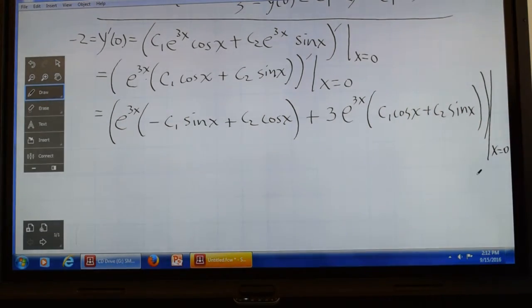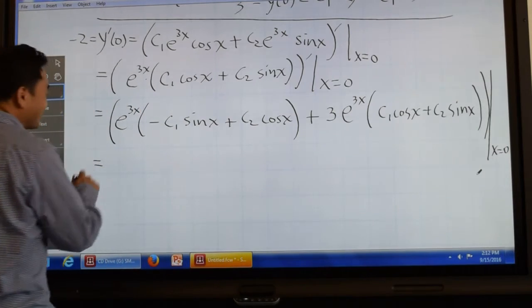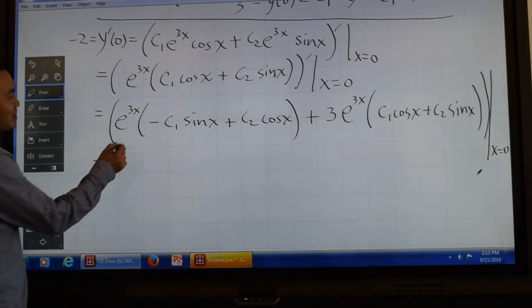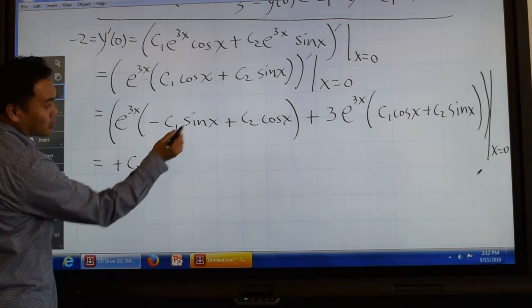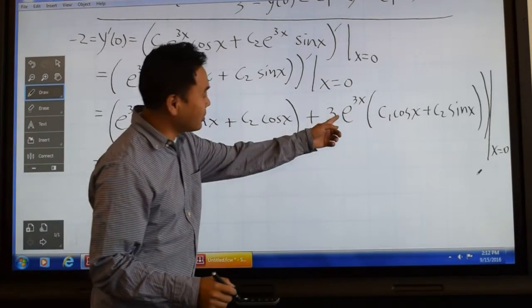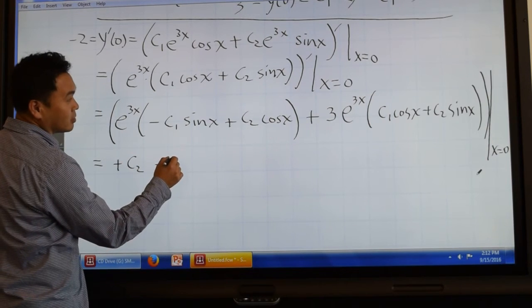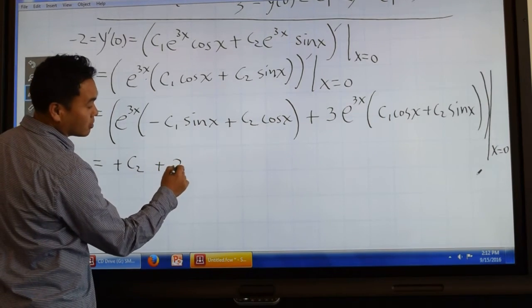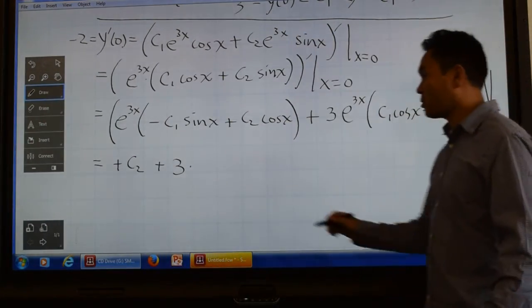Again, let's remember that sine of 0 is 0, and cosine of 0 is 1. All right, and then you plug in 0 and you get plus C2 cosine 0, and then 3 times, this time only C1 is remaining, this goes away, so 3 C1.